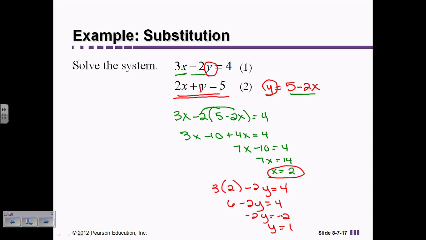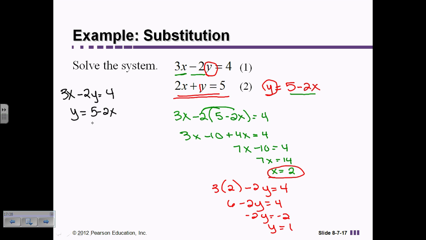You know, there are going to be cases, if the problem was given to me in this form, then I would tend to go ahead and do substitution because it's already in the correct format to do substitution.